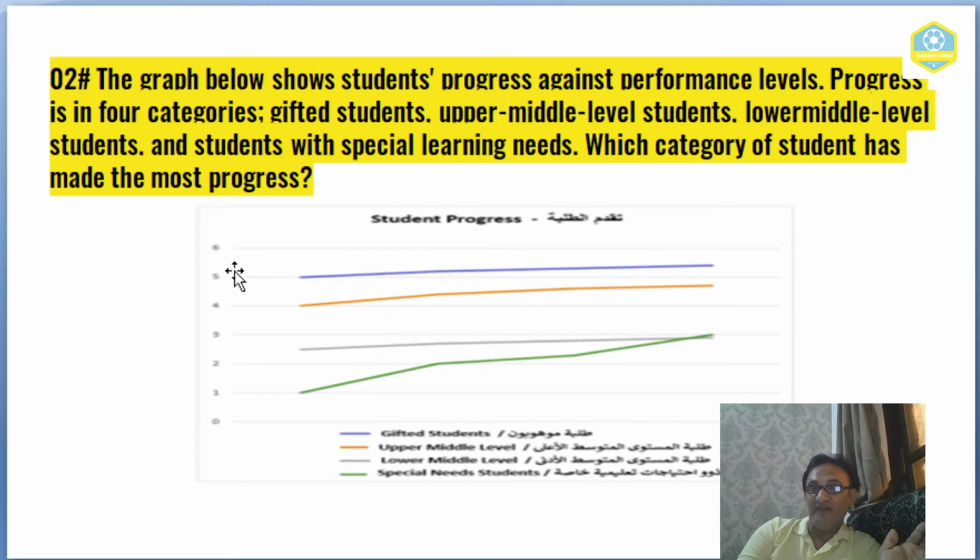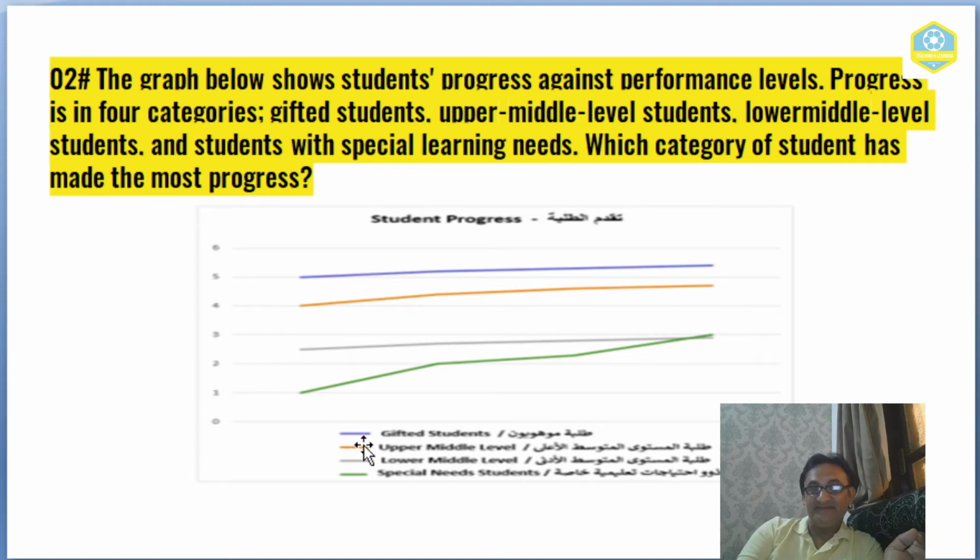From 5 to 6 the progress is less than 0.5, it will be 0.4 or something like that, because this is the scale which shows the progress between 5 and 6, and the scale is 1. So from 1, how much did it progress? Nearly 0.4. Similarly, from 0.4 to 5, it's hardly 0.7 or something.